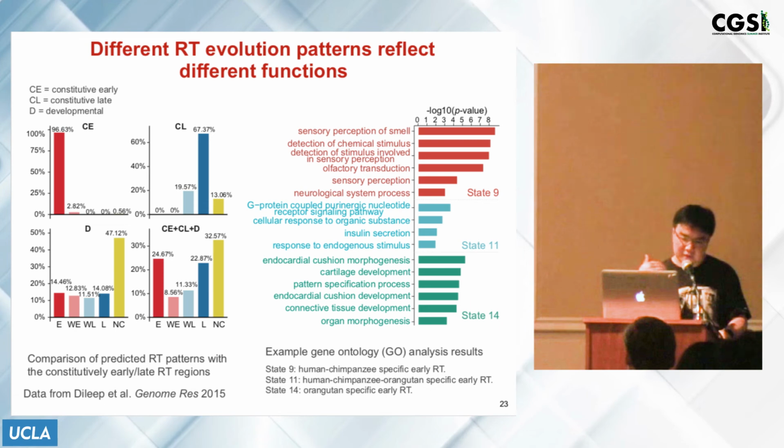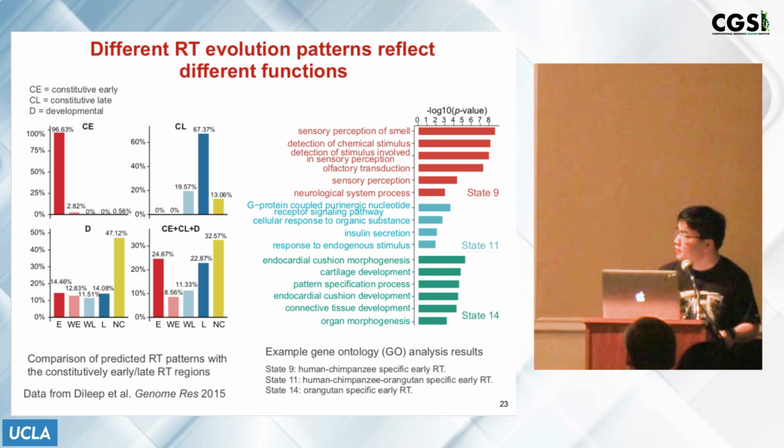So you can separate these regions in terms of whether they're all replicated early in all different cell types during differentiation, or they're all late. They're so-called constitutive early or constitutive late, and also the ones that are more developmental, meaning that they vary a lot.